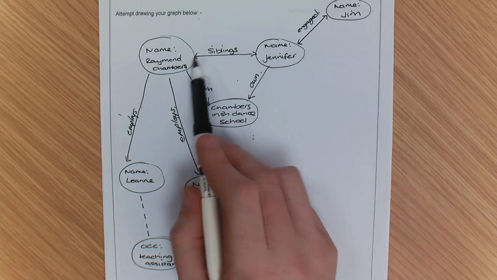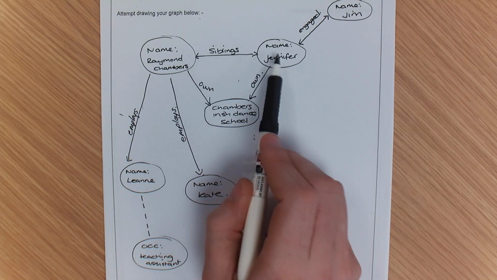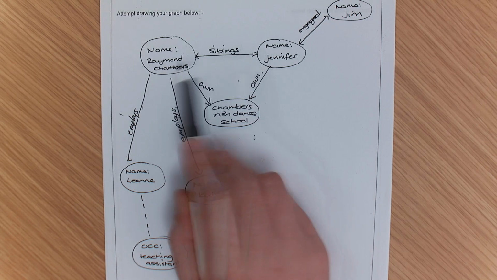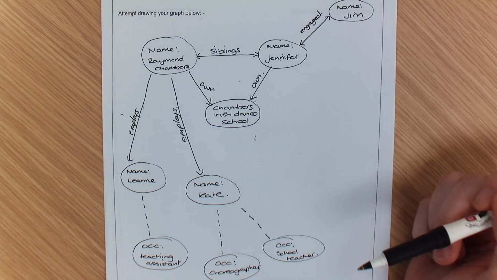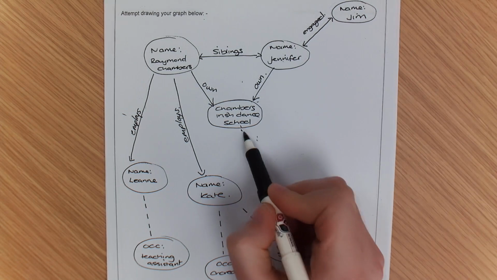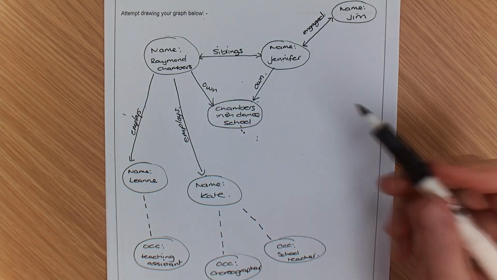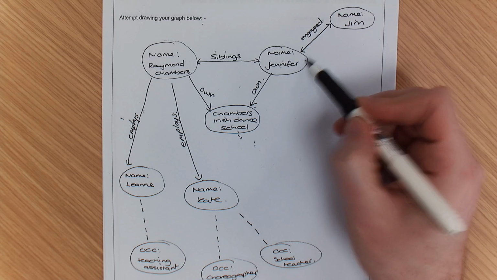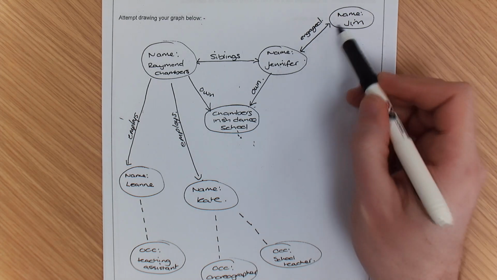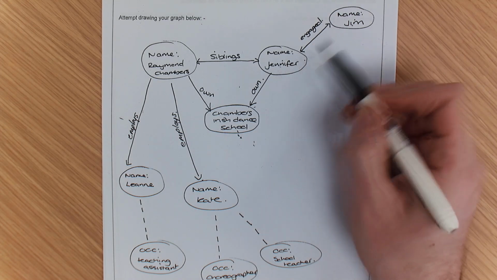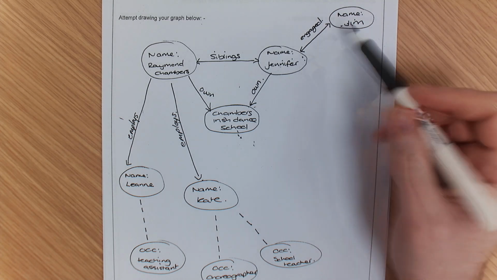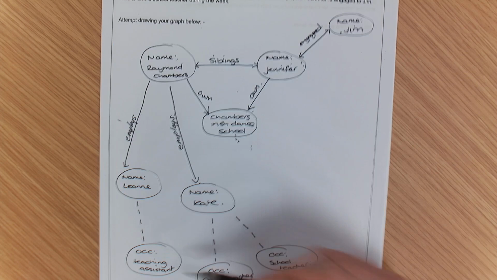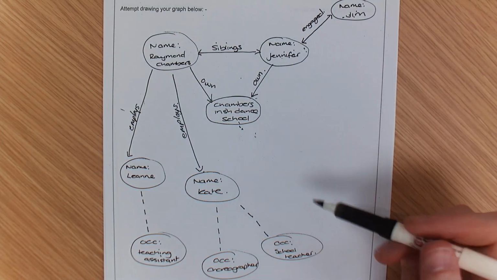Here, there's a bidirectional thing because that relationship is the same. We are siblings. We both own that dance school, so we own that object. So hopefully this is making a bit of sense. But there's a bi-directional one here because when they are engaged, one person's engaged to another. So hopefully that helps you pull that apart a little bit.